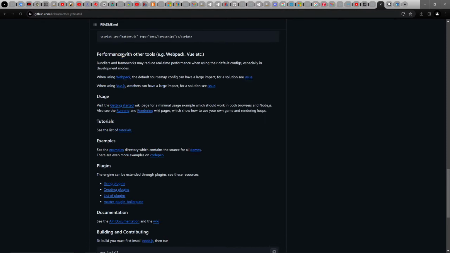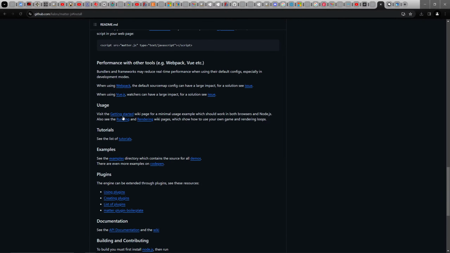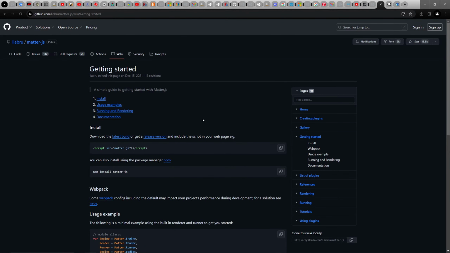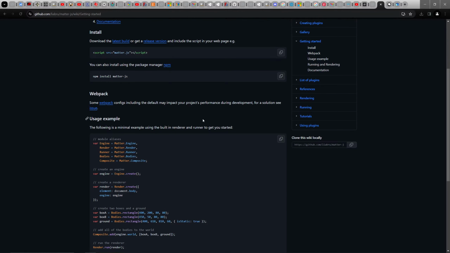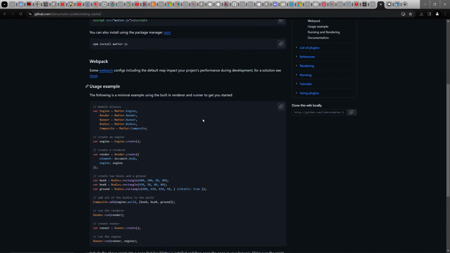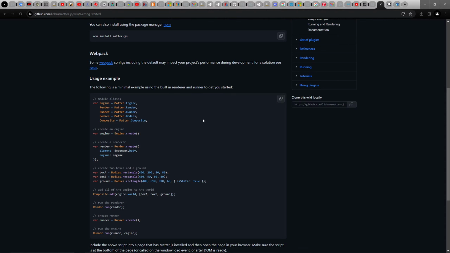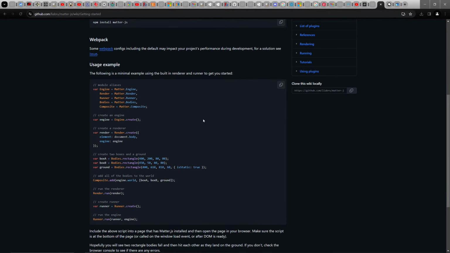Tutorials. Hmm, getting started. Webpack. Usage example.